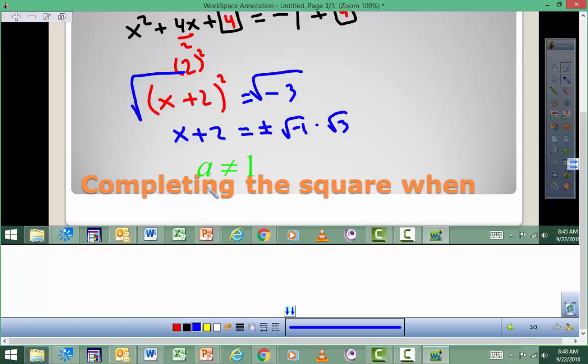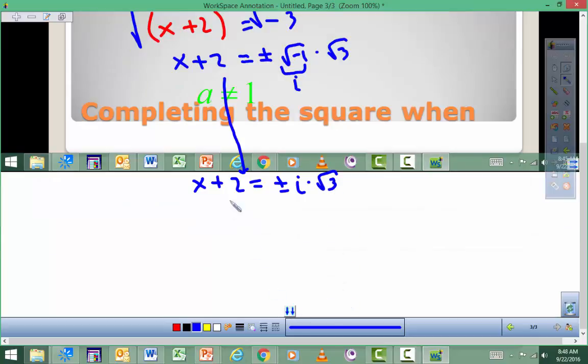So I'm going to go down to here, where we have some white clean space. So this gives us x plus 2. Now this of course is i, right? So we're going to say this is equal to plus or minus i times the square root of 3. And I think we'll just go one more step.